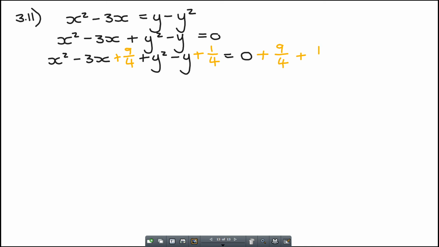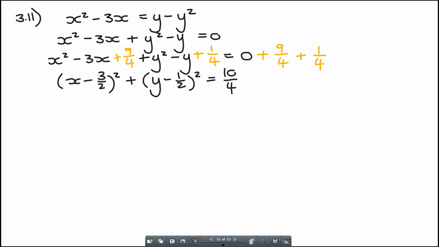So tel hier ook by 1/4. Okay, so we will then end up with x minus 3/2 squared plus y minus 1/2 squared equal to 10/4. Okay, now we've got it in the format that we want.